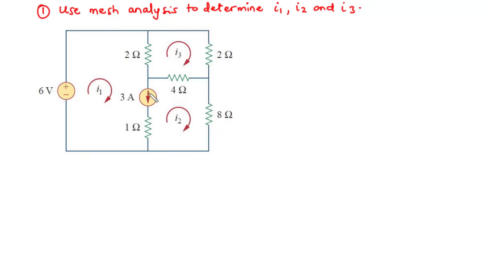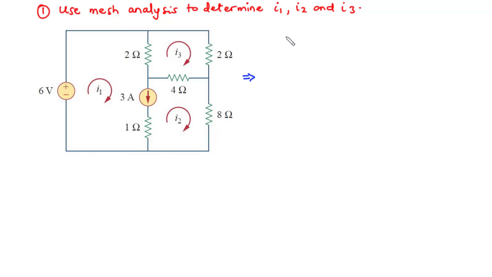Hence we are going to eliminate this whole branch. We are going to create a supermesh eliminating this whole branch, the branch where we have the current source in series with the 1 ohm resistor. So let's redraw the circuit.